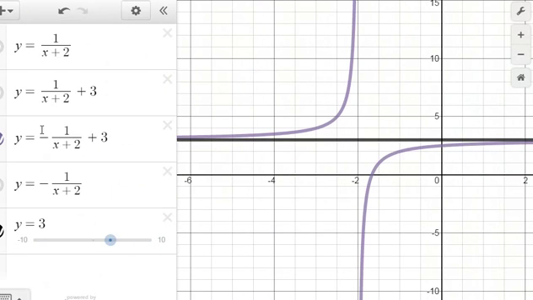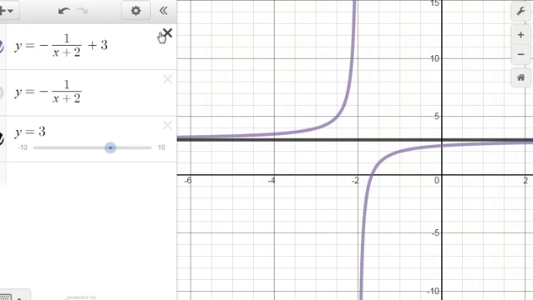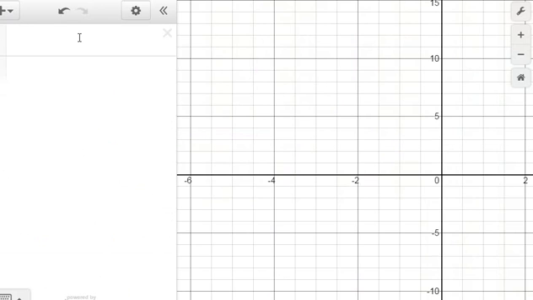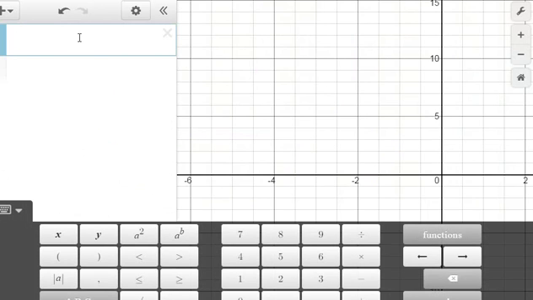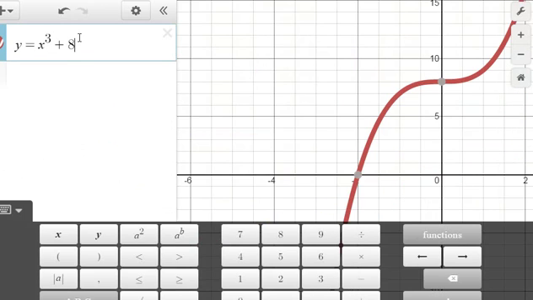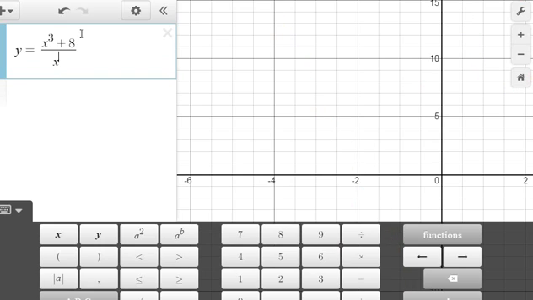Let's take a look at that. So y equals x to the third plus 8 over x squared plus 4. By the way, can x squared plus 4 ever equal 0?